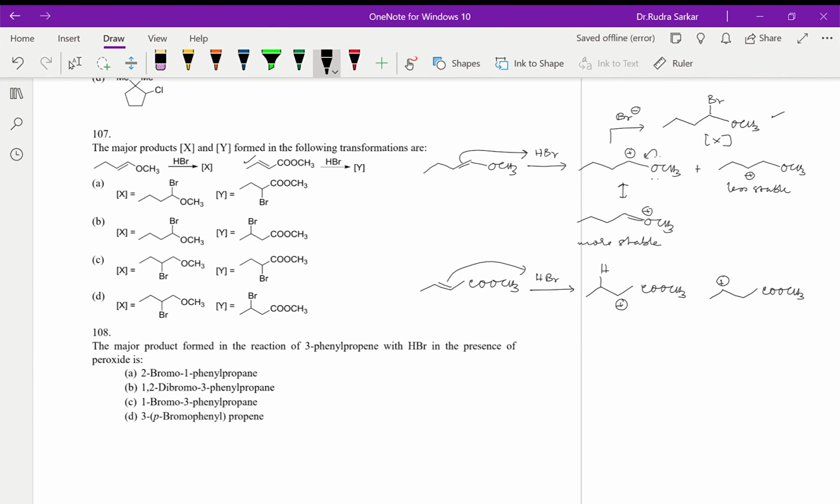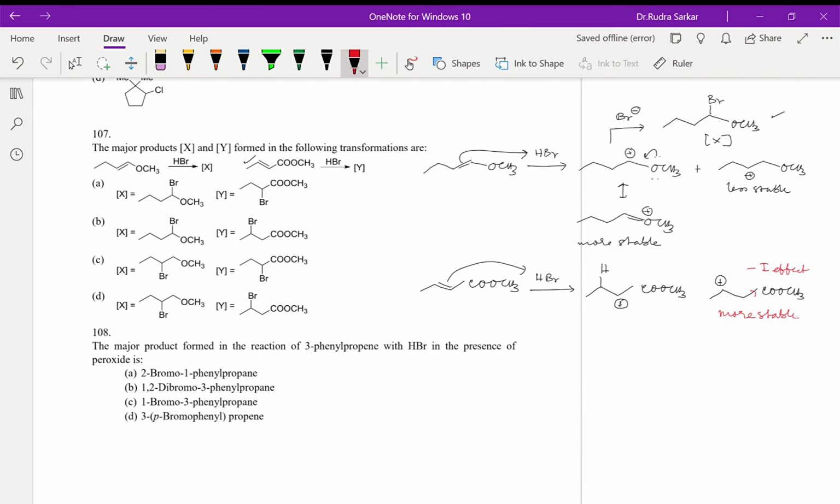So if we consider among the two which one is more stable, we will say this is more stable because this is having minus I effect, and the electron withdrawing group lies far away from the carbocation.